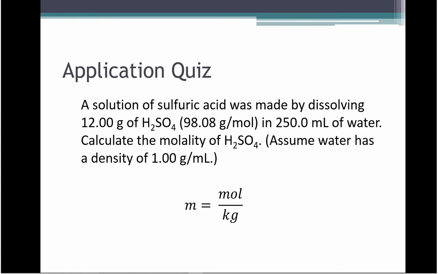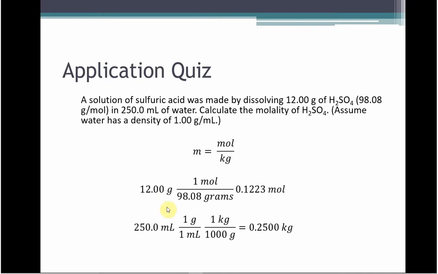So we need to consider that as we move forward. Now, the first thing we need to do is go ahead and find our moles. We've got grams, we need to find moles. We've got milliliters, we need to get kilograms of our water. So we can use our molar mass to go from 12 grams, divide by the 98.08 grams per mole, to get our moles of solute. For water, you're going to take the milliliters of water, divide by the density, divide by 1,000 grams per kilogram, and you get 0.25 kilograms.